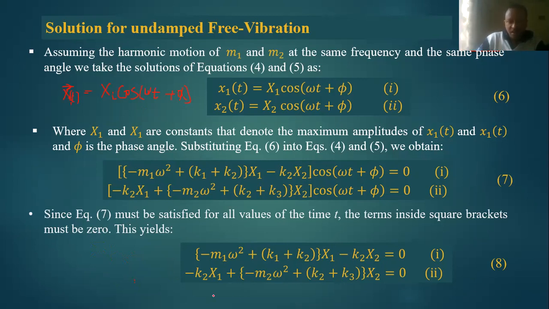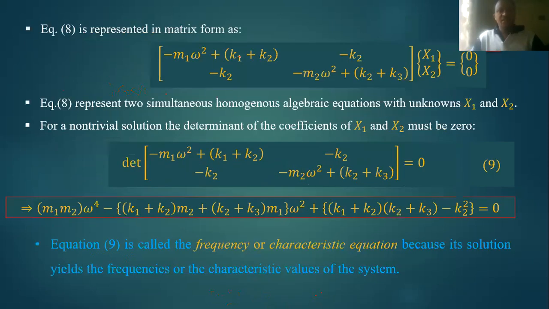Simplified in matrix form, we can represent it as the M matrix, which is diagonal, times X double dot, plus the K matrix times X, equal to 0, in matrix representation. From this we get this form of matrix.